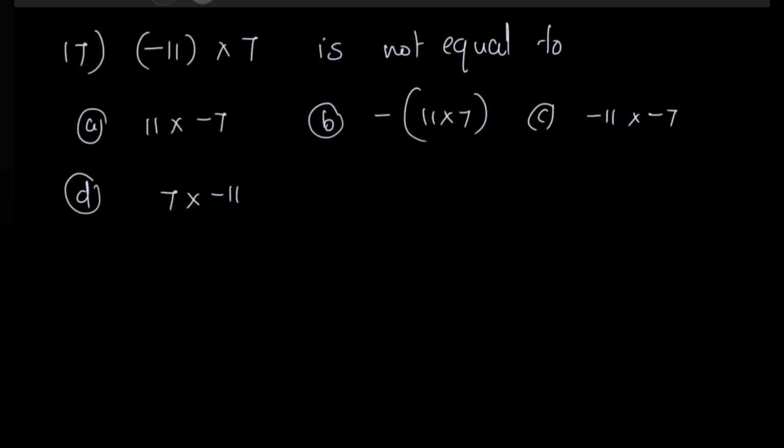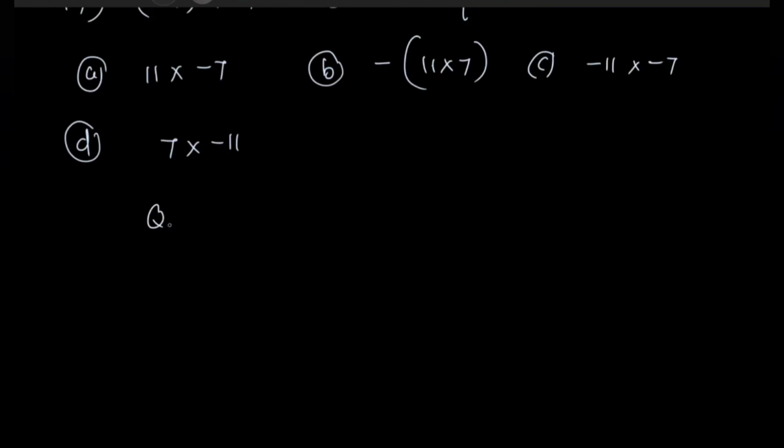Our question, -11 into 7, is equal to -77. The first option, 11 into -7, is equal to -77. Negative of 11 into 7: first 11 into 7 is calculated, which is 77, and we put the negative sign, so the answer is -77.